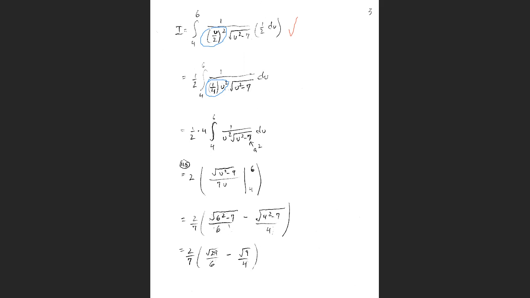So I have a 1/4 here, and I have a half here. The 1/2 I'm going to bring out in front of the integral sign, and then the 1/4 I'm going to bring out in front of the integral sign.